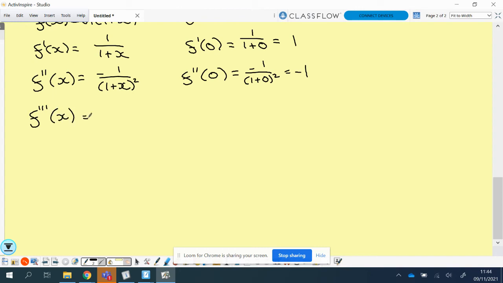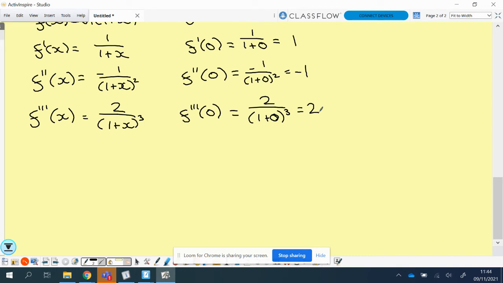Differentiating this again, you'd bring that up to make it a power negative 2, then use the chain rule, so you'd end up with the answer 2 over 1 plus x to the power 3, and then substitute the value 0 into that, 1 plus 0 cubed, which would give you the value 2.